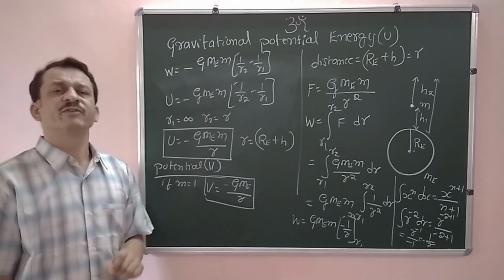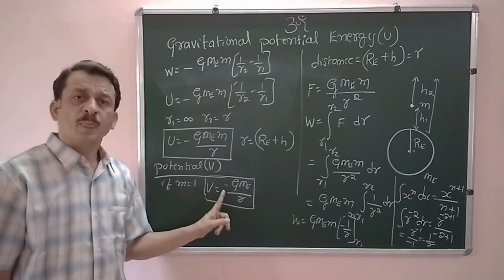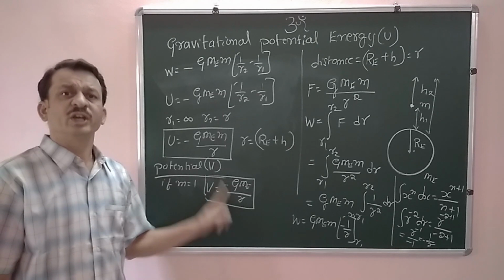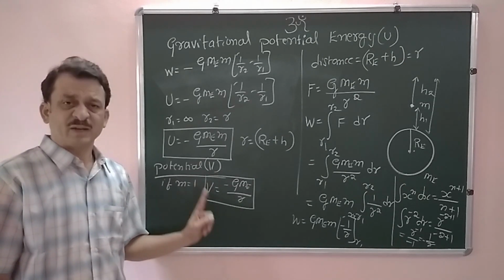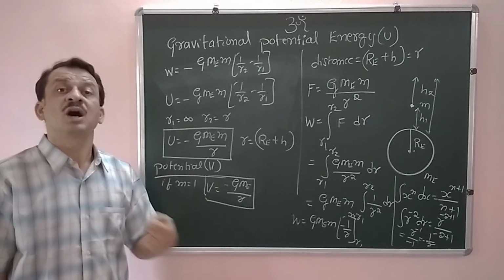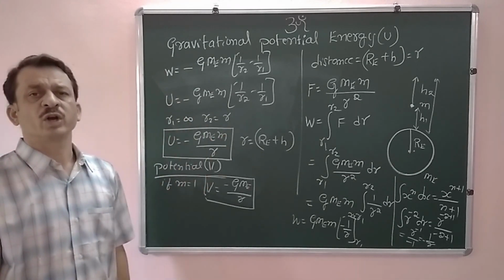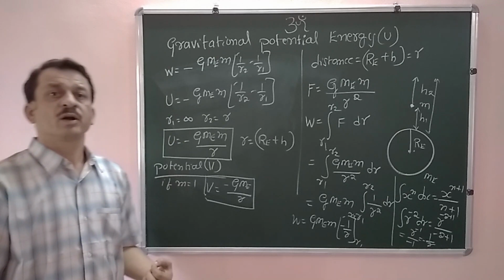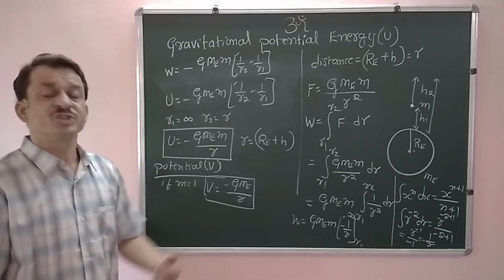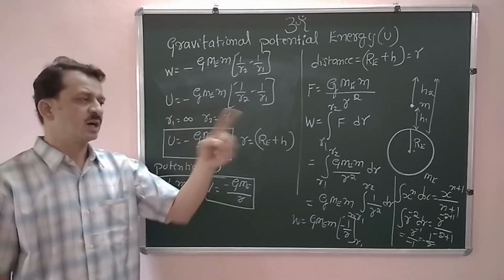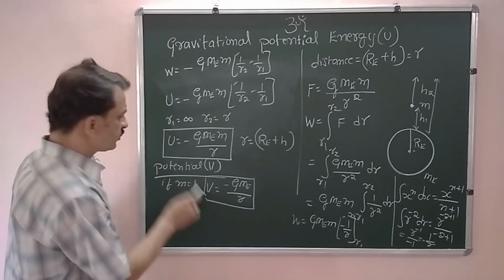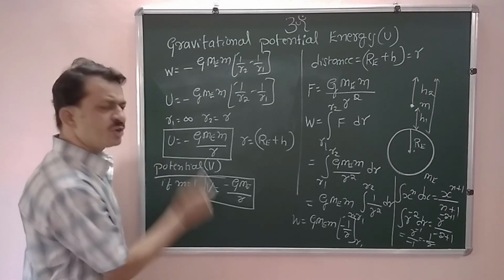Or in other words, we can define it as the work done in moving or displacing a unit mass from infinity to that particular point, called gravitational potential at that point. Now this is potential energy, it is the potential.